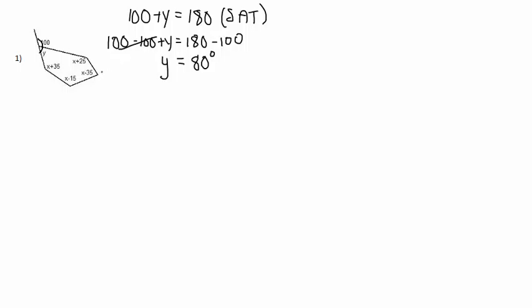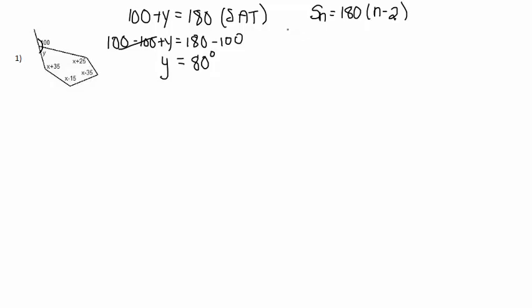Now to solve for our x's, we're going to use the same idea from the question above. We're going to use the sum of interior angles of a polygon is equal to 180 times the number of sides minus 2.